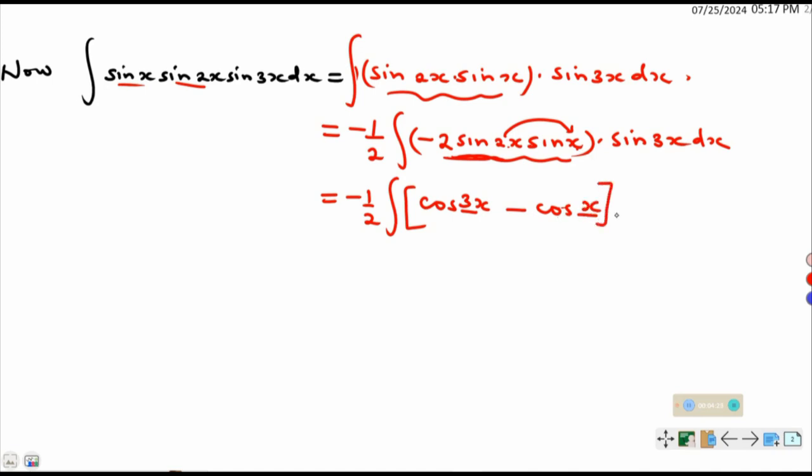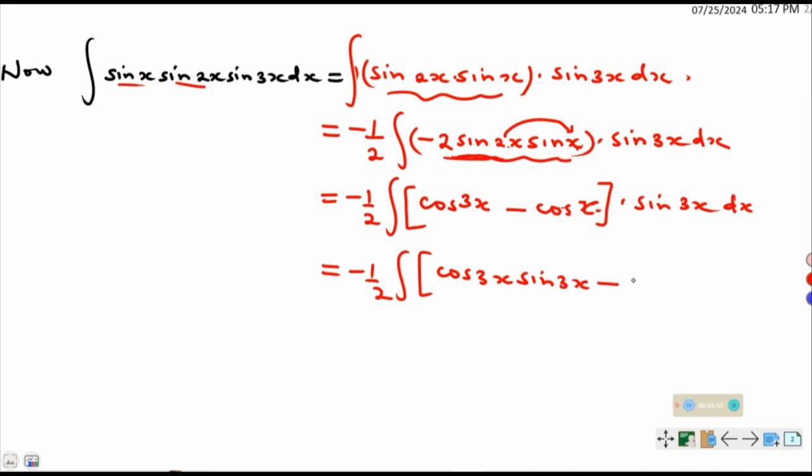So we shall have this, then times sine of 3x dx. We can now expand this such that we have negative a half integral of cos of 3x minus cos of x, times sine 3x, then into dx.